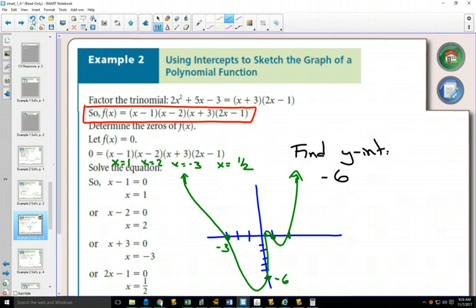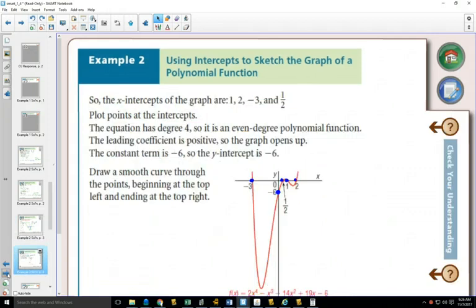And so I made my minimum over here somewhere. And typically, when you go to graph these, you won't go down super far. Look at the actual graph, because the graph that they've given us is a correct graph. See how far down it goes? You don't know that. And you're not supposed to know that yet. So your more typical graph that you would do through these would probably look like this.